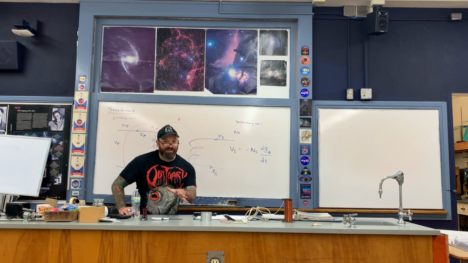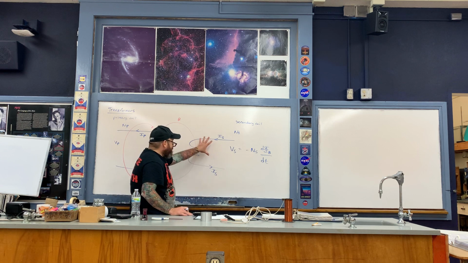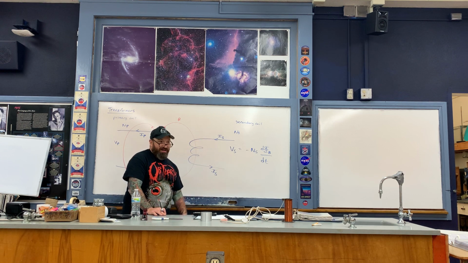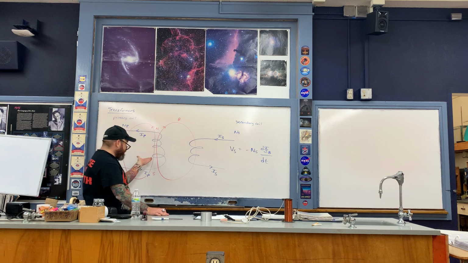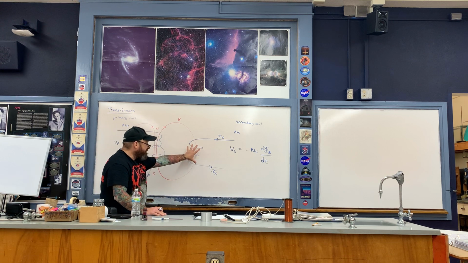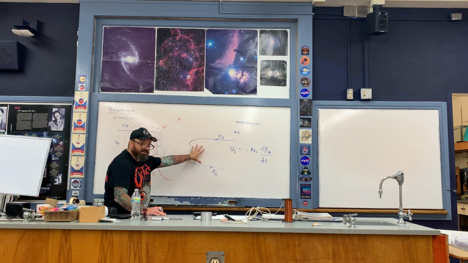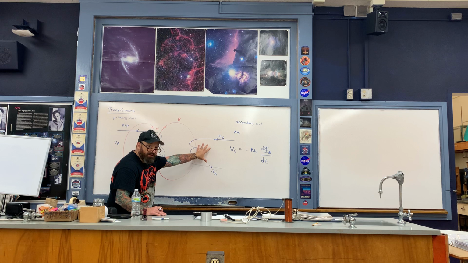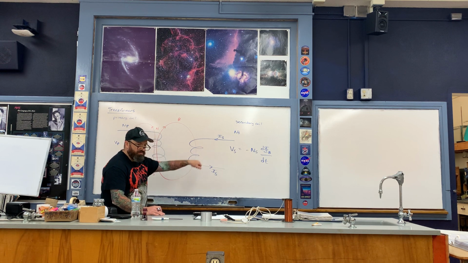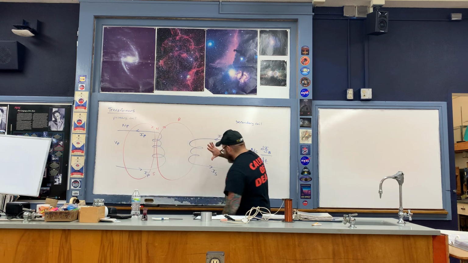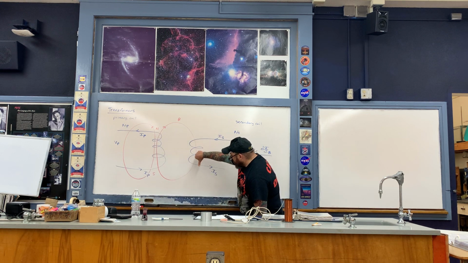Okay, now here's where it gets a little tricky. Because this is an alternating current, that's going to induce a voltage in the primary as well, because there's a magnetic field associated with this alternating current. And incidentally, at the moment that I've drawn this diagram, I'm not going to draw this guy's magnetic field, but notice where the north pole of that magnetic field would be. If this current was flowing like so, then the north magnetic pole would be down here at the bottom.